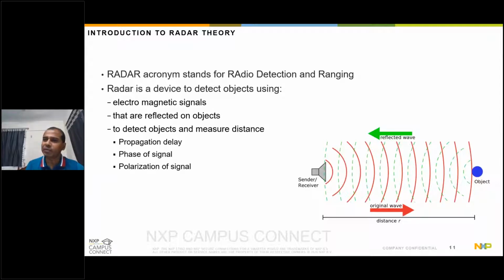It can be a moving or a stationary object, and the signal will be reflected back, and the receiving antenna detects that signal. Then the signal is processed further to detect the distance of the object, the angle of the object and other parameters of the object. So this is the technology behind it.